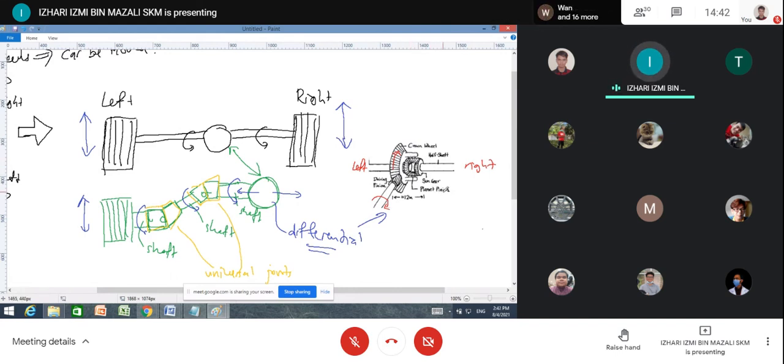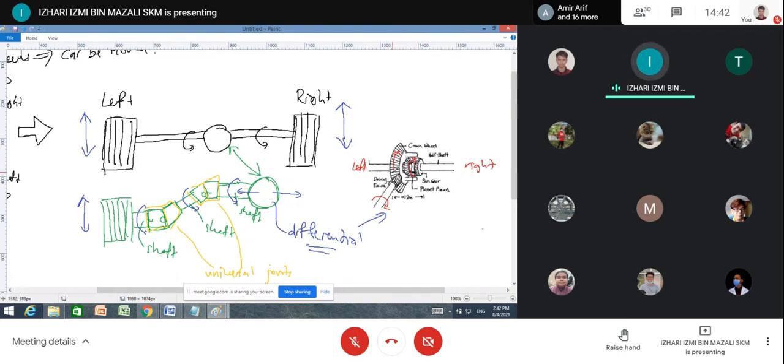They call it a planet pinion, and the planet pinion gear here is fixed with the crown wheel, so that when the crown wheel is moving and the left and right are moving in the same direction with the same speed, this will be rotating together, and it forces left and right to be rotated with the same speed.